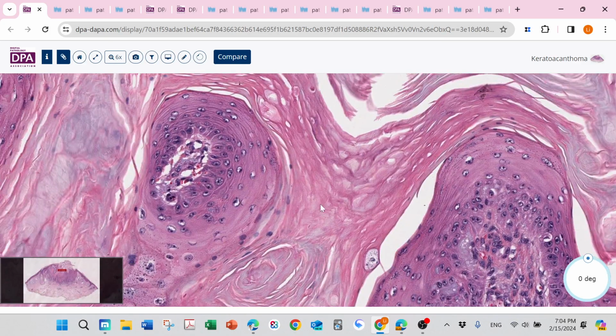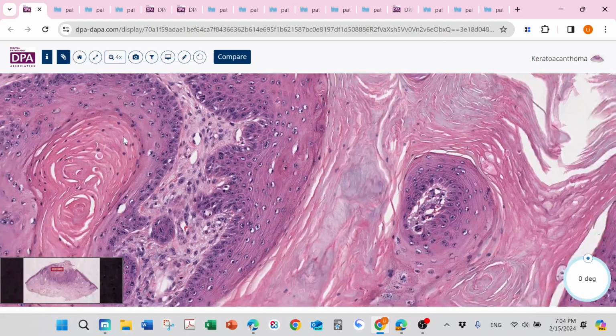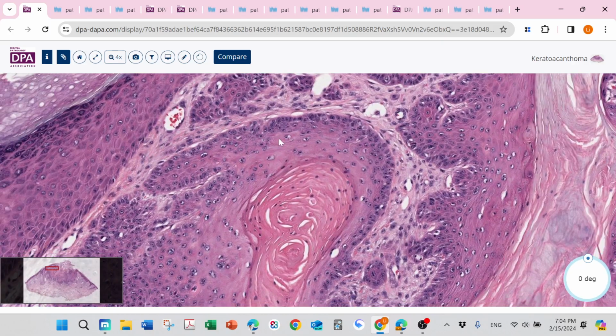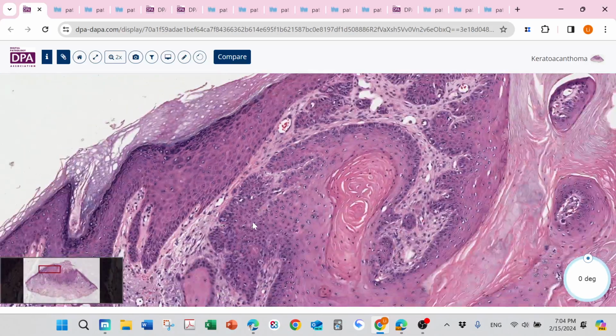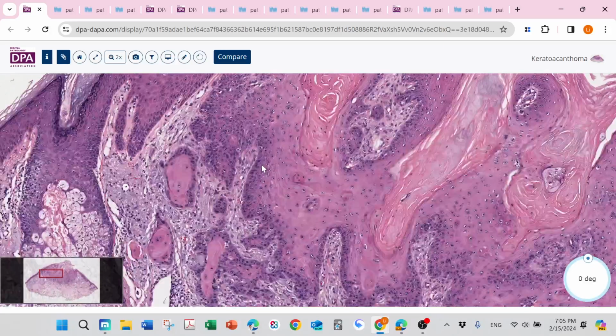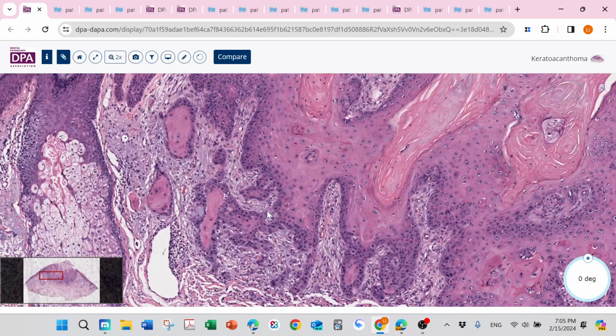Sometimes you may see neutrophils forming microabscesses in keratoacanthoma. But if you are not sure, just call it squamous cell carcinoma, keratoacanthoma type.